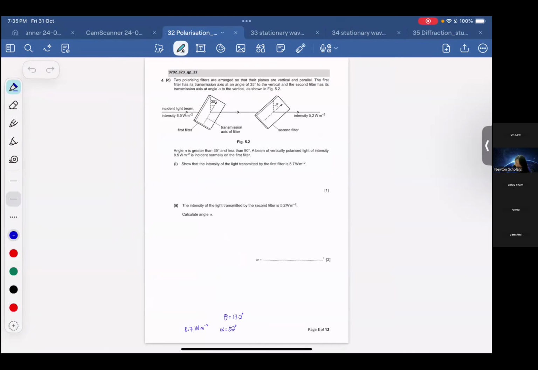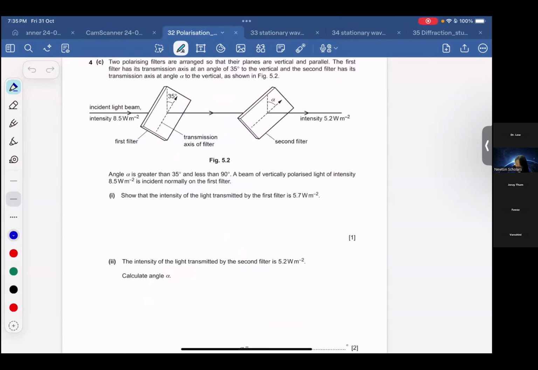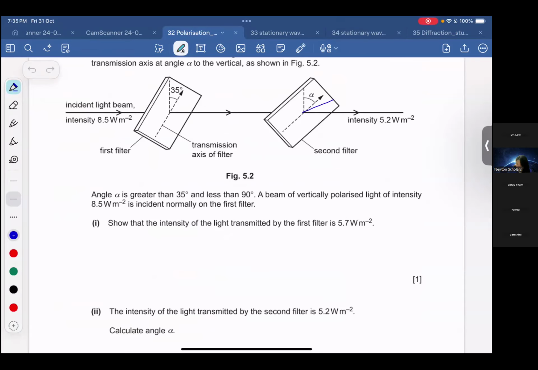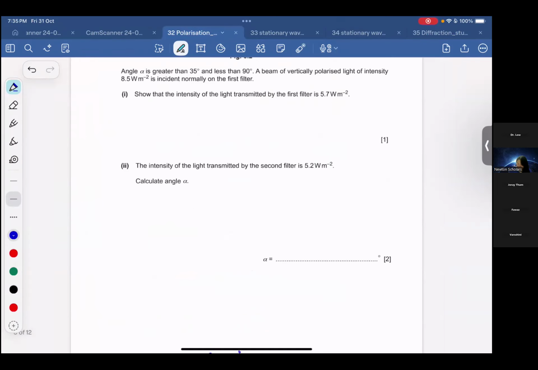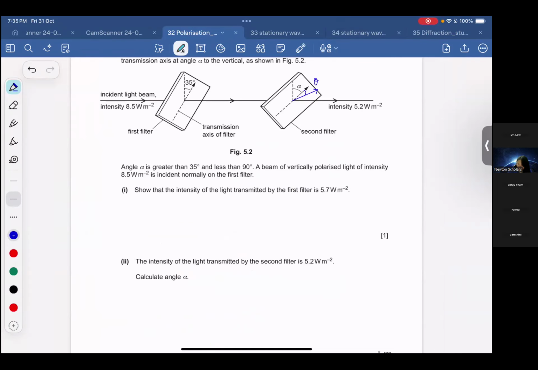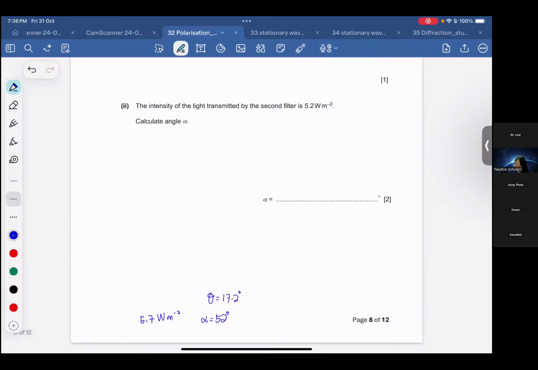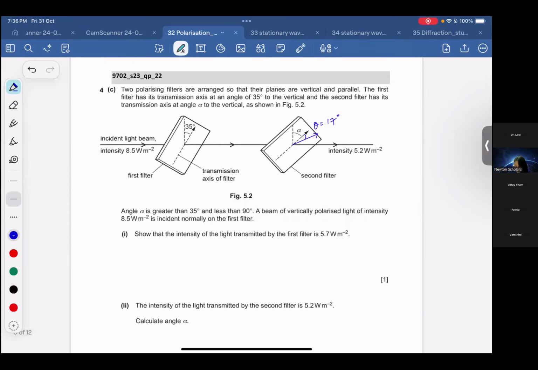Okay, so for this question, what you count actually here, let me have a look. If you do the extra moving, you get 17 degrees. So in total, what is the angle alpha? 35 plus 17.